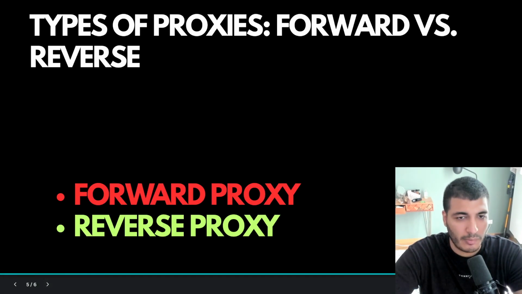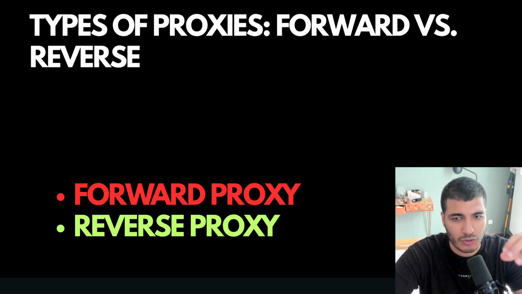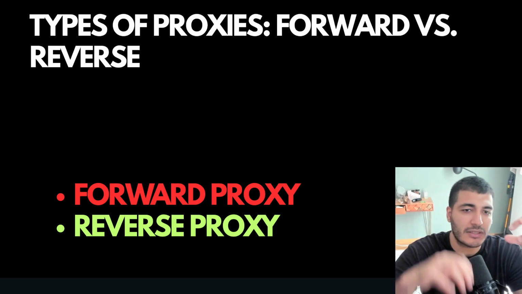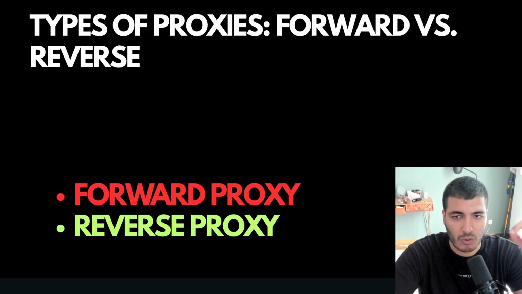Okay, next we're going to talk about types of proxies. While the core concept is the same, proxies are categorized into two main types based on their position in the network, and we will create dedicated videos that talk about both of them. First, the forward proxy. It sits in front of the client group, within a corporate network or on your personal device.